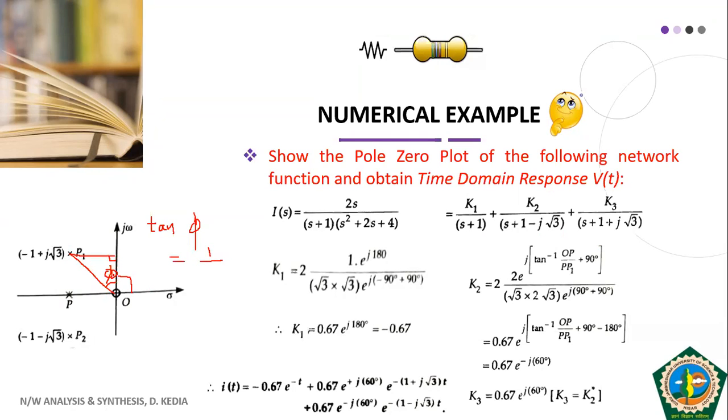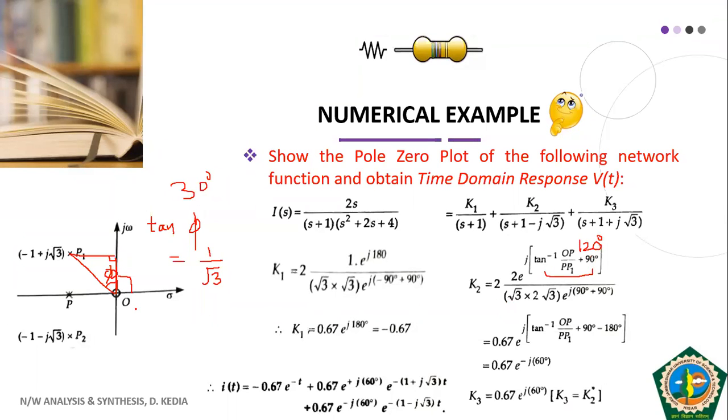Base, how much is the base? The base is this one on the y-axis, and this is equal to PP1. And how much is this? 1 by root 3. Fine. Tangent inverse of 1 by root 3 is nothing but 30 degrees. So 90 plus 30, how much? 120. So this phase angle comes out to be 120 degrees.